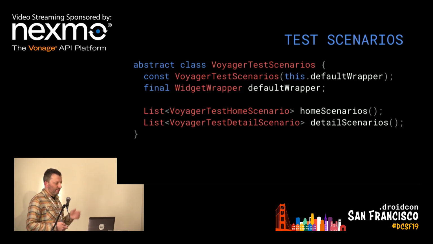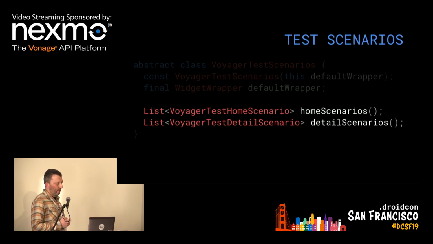And what you will get is this class. This is an abstract class with two methods because we had two screens. And it means you need to implement those methods. If you add more screens, this list will grow and will force you to implement more tests. And from every method, you need to return at least one or more scenarios for your screen.